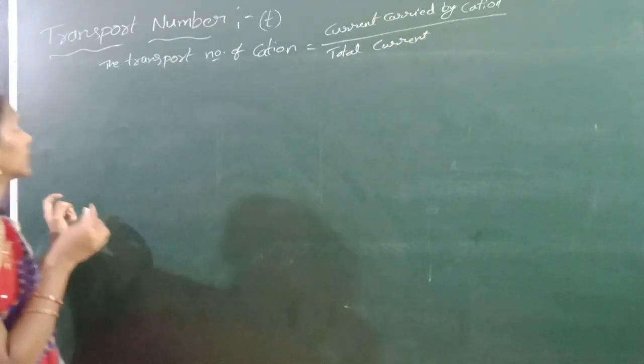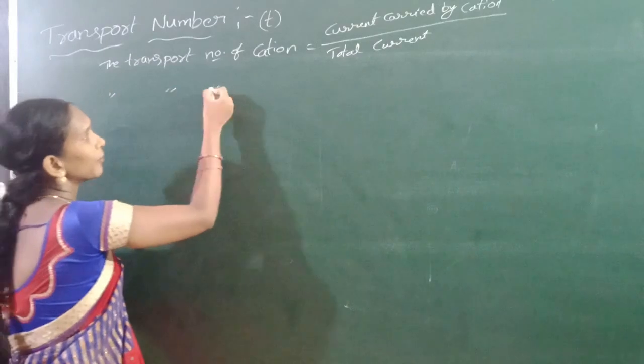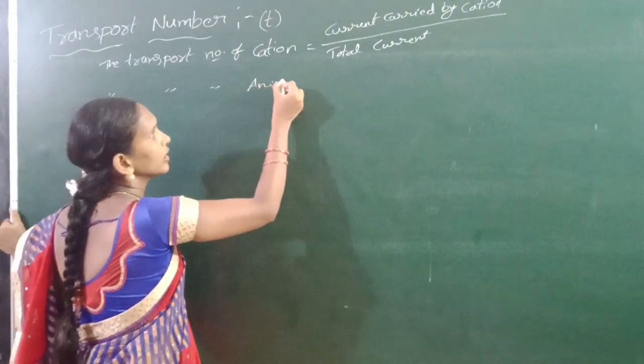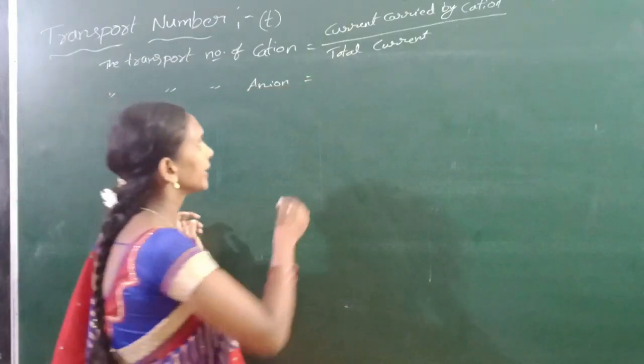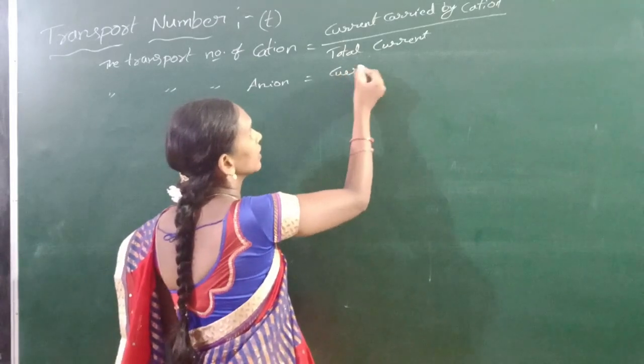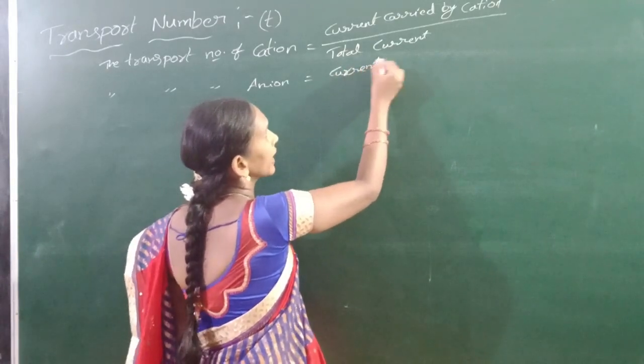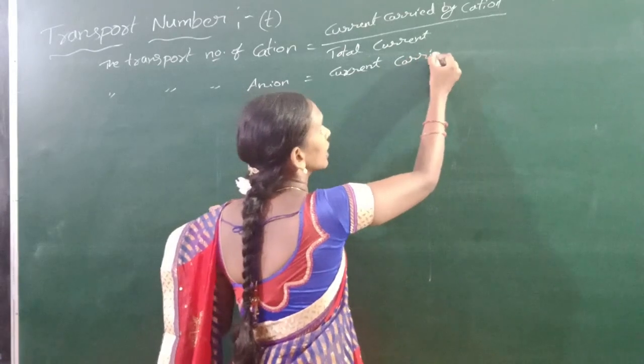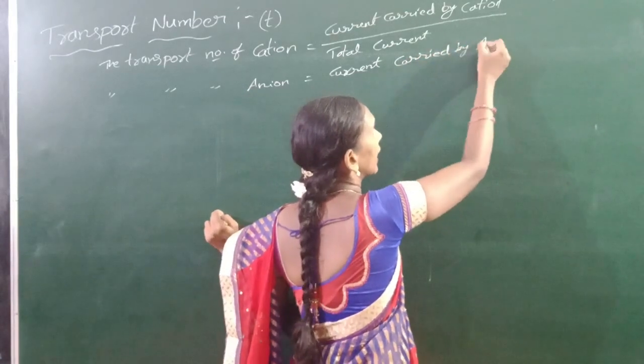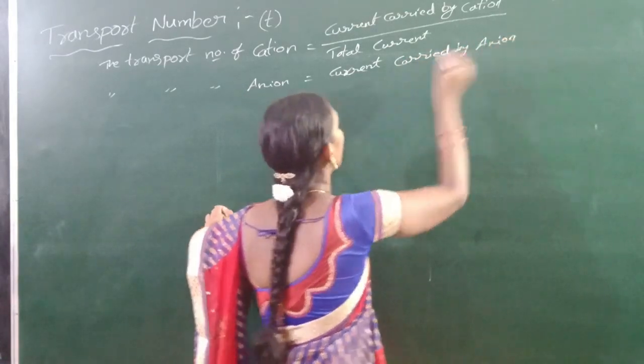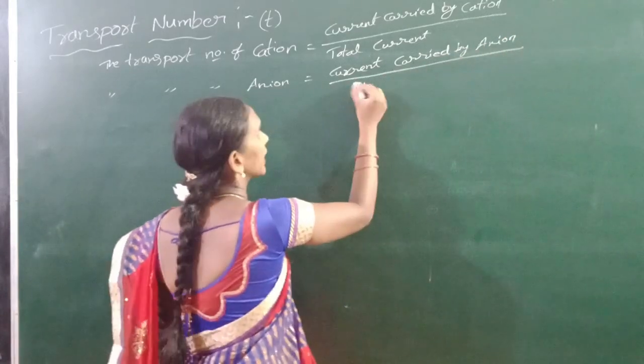Next, the transport number of an ion is equal to current carried by an ion by total current.